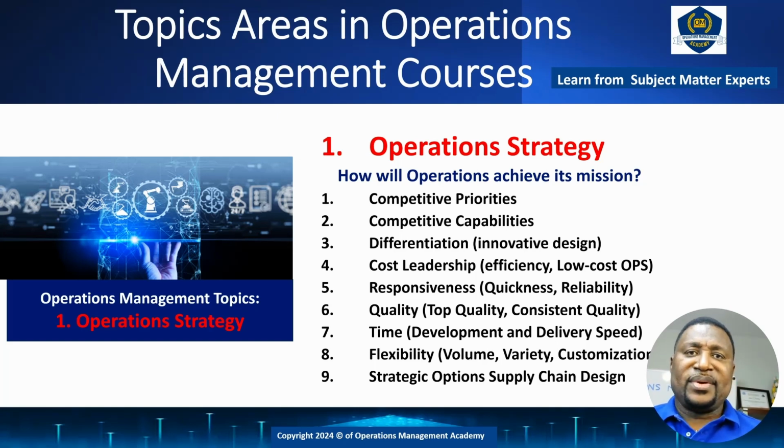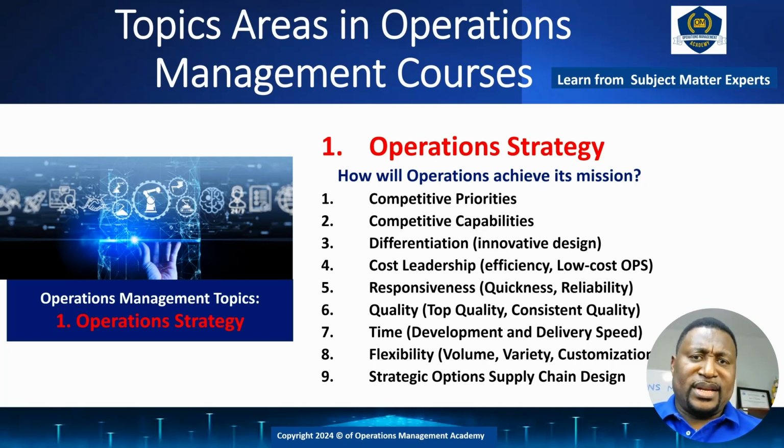Remember that we have the corporate strategy that decides what the company wants to do, and every department, every business function in the organization will then build their strategy to support the corporate strategy, to support the organization strategy. So does operations. I told you before, operations is a department in an organization, in a company. So operations will build their own strategy to support the corporate strategy, the organization strategy.